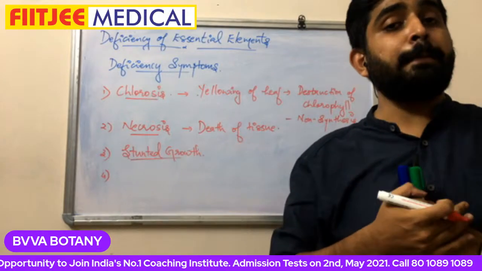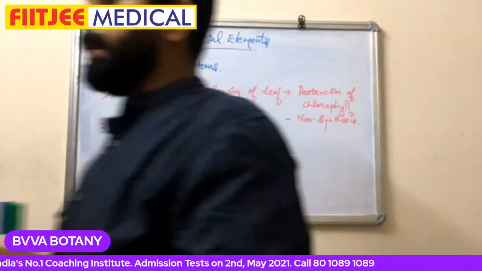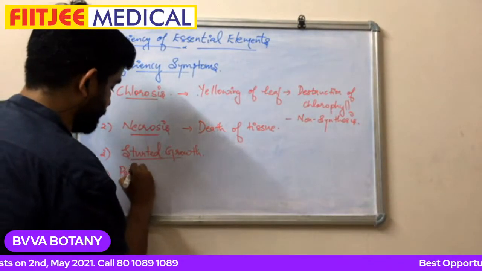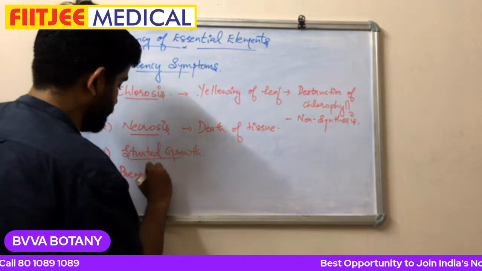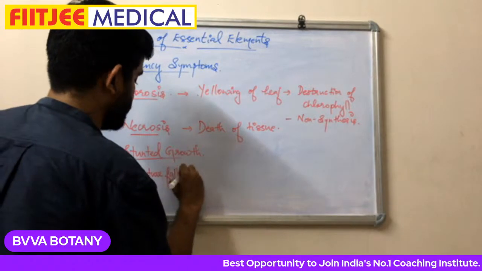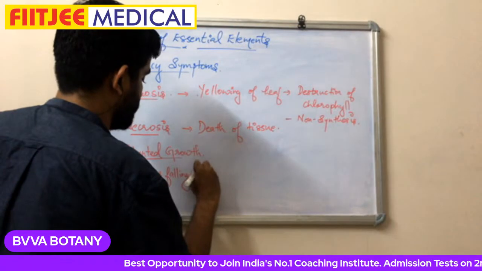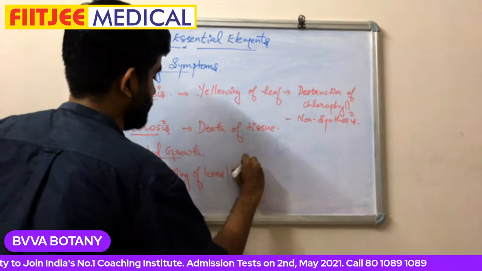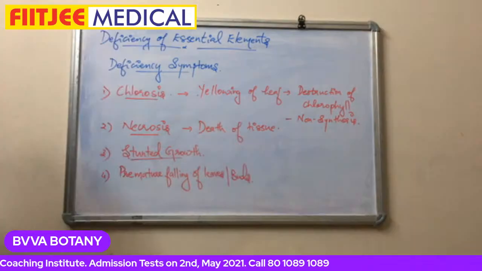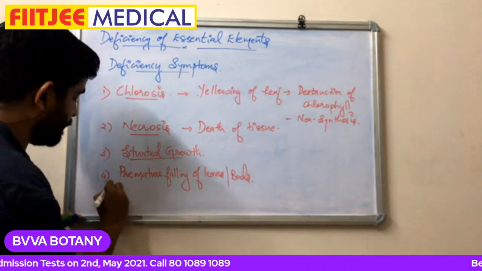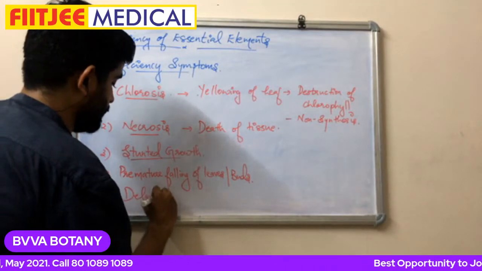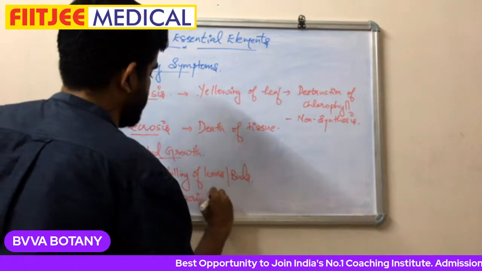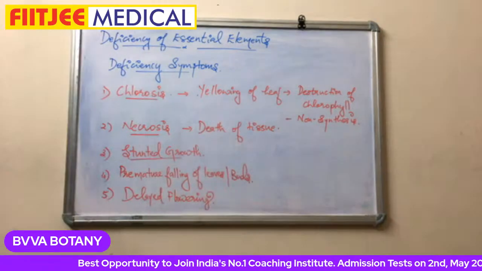So we call it premature falling of leaves and buds. And the next one is delayed flowering. So these are some of the very important deficiency symptoms.